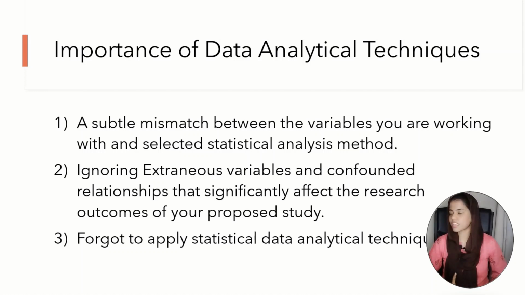And the second one is ignoring extraneous variables and confounded relationships that significantly affect the research outcomes of your proposed study. So it's related to the first one, and it's also about not considering external factors that affect your experimental variable. I'll give you an example over here. You design a drug, let's say drug T, to treat a disease X, and drug T works by blocking a factor A in some biochemical pathway.